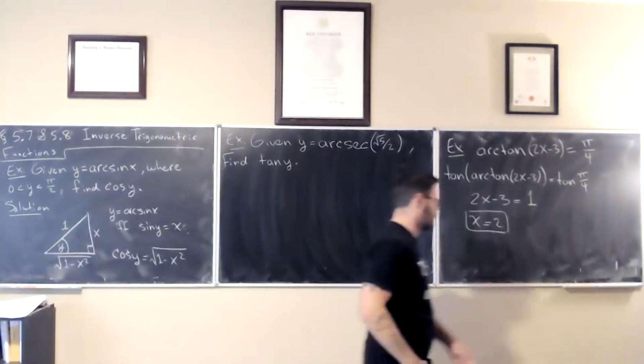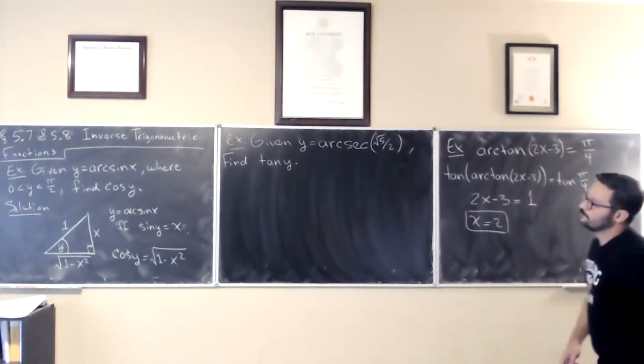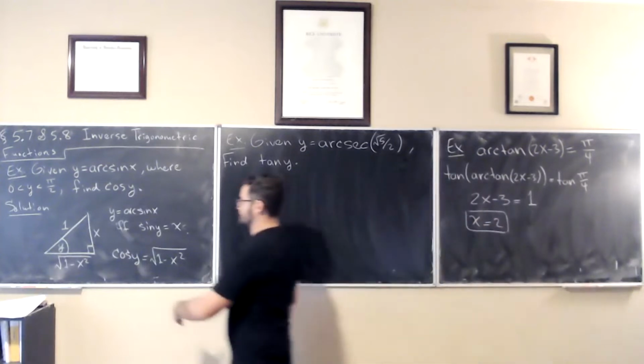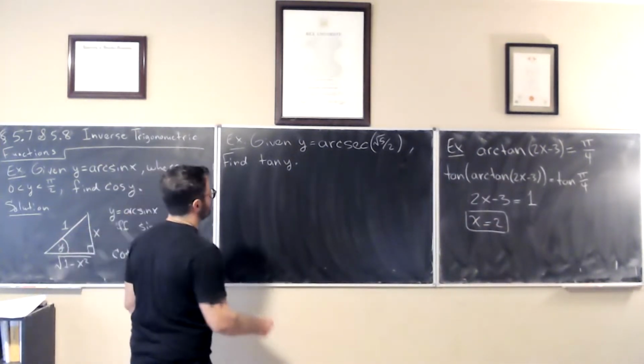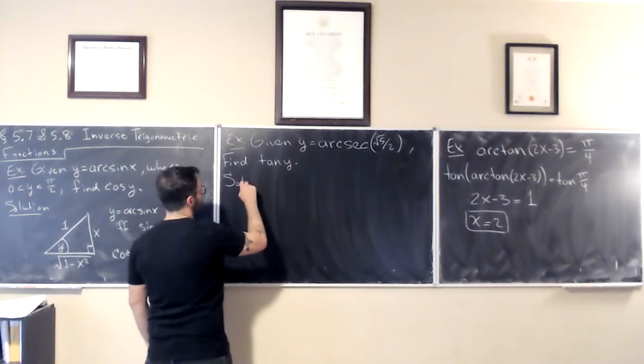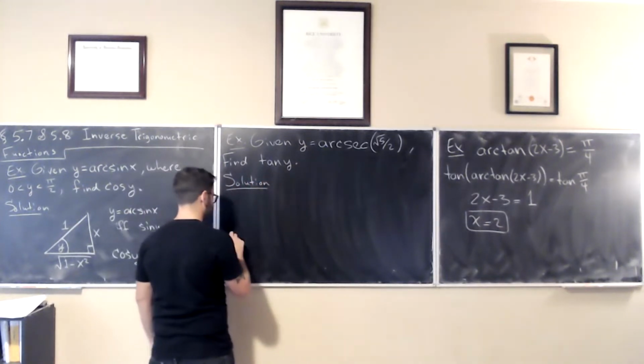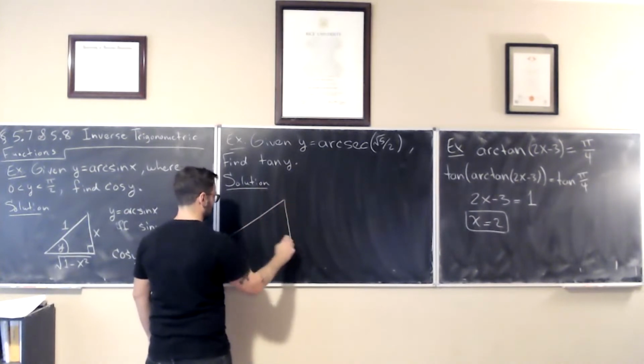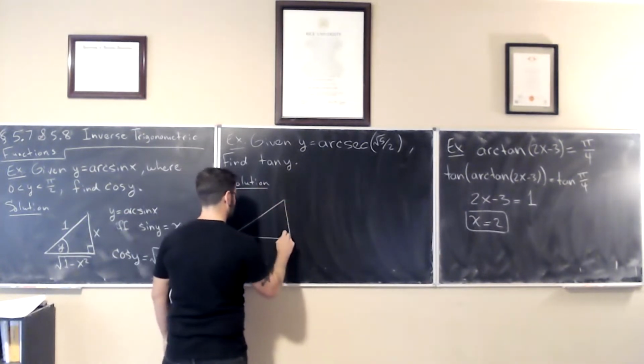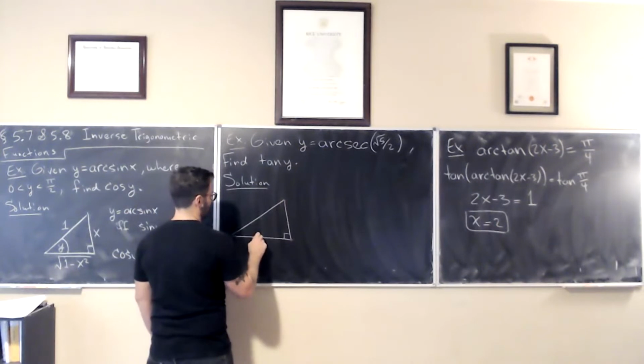Okay, so now we're going to have an actual value. Well, again, it's going to really help to draw yourself a right triangle to figure this out. So a triangle, make this y.